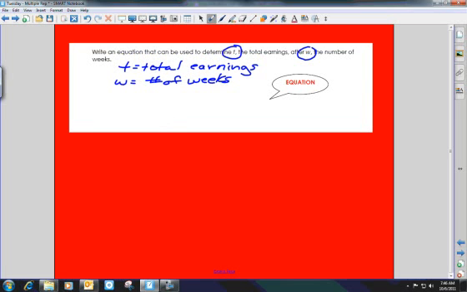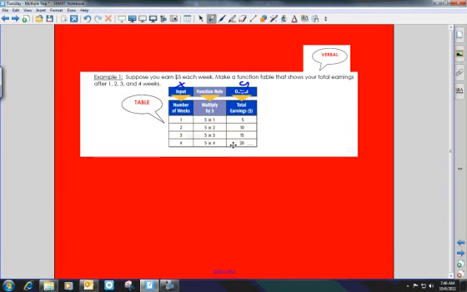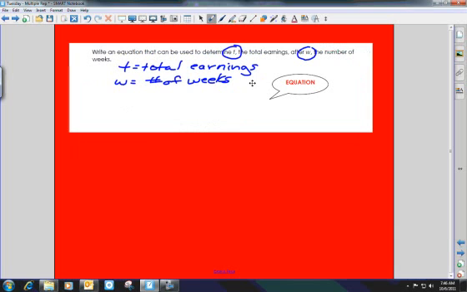I'm going to look at my process from the previous table. My process was 5 times the number of weeks. Okay, so I took 5 times 1, 5 times 2, 5 times 3. It was 5 times the number of weeks, and that gave me, or that equaled, the total earnings. So I just have to write that out now. 5 times the number of weeks, 5W.